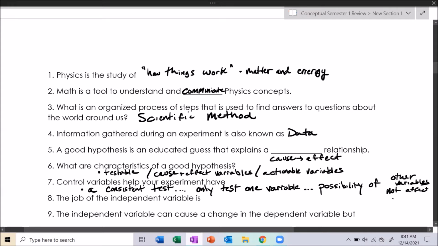And another important variable is the independent variable. In question 8, it talks about the job of the independent variable. The job of the independent variable is to determine the cause. It's the cause of what gets affected. It's the cause of the effect.